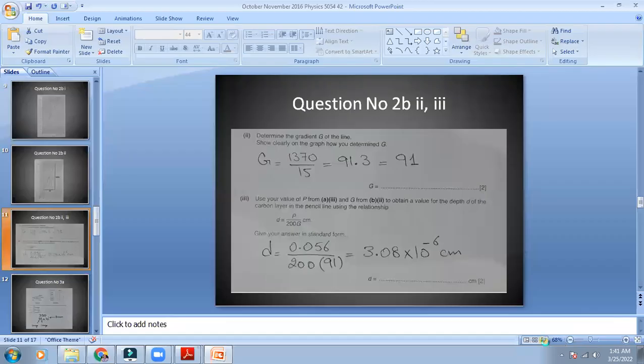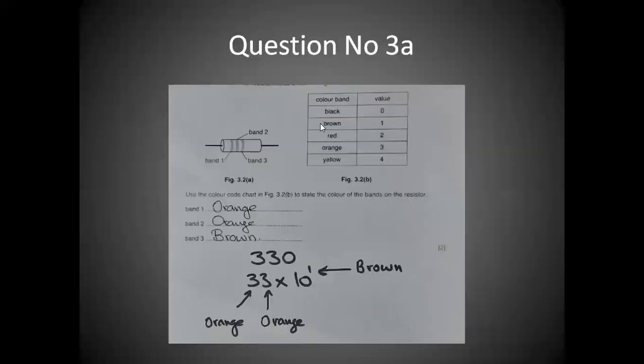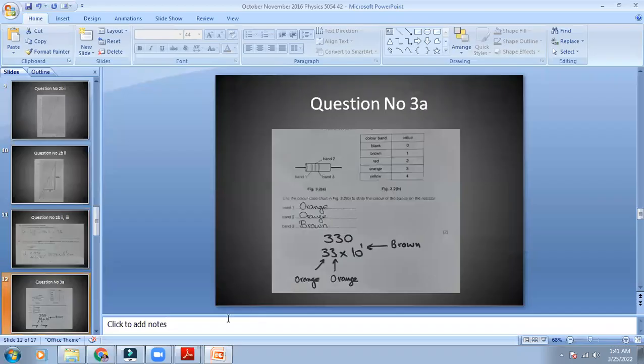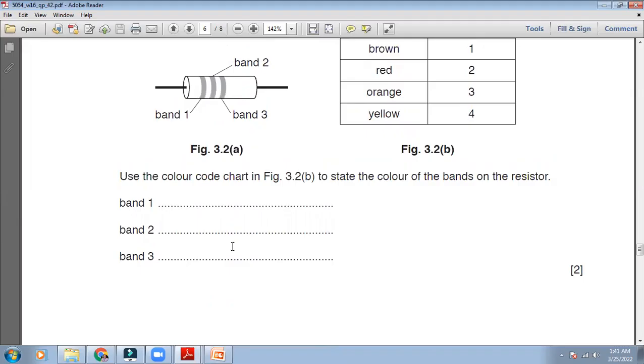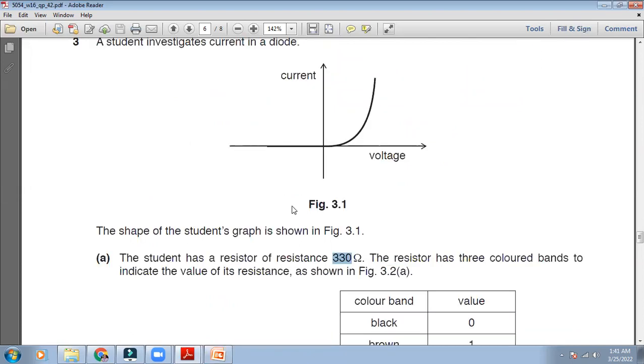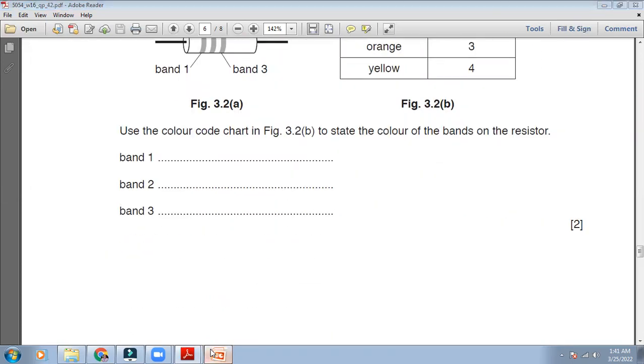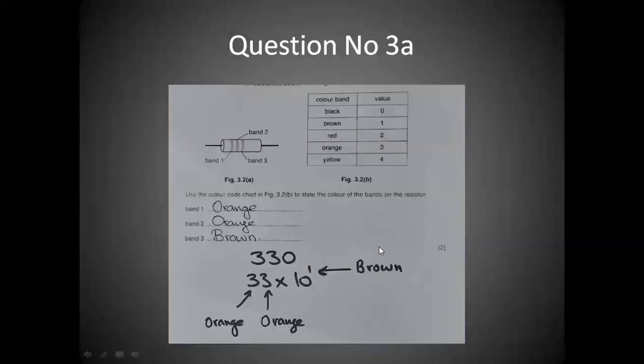So first these two numbers are digits, and this represents the multiplier. Multiplier means 10 raised to power 1. So 330 is basically 33 multiplied by 10 raised to power 1.